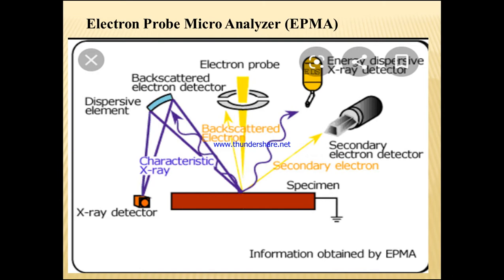When we compare with the scanning electron microscope, in the electron probe microanalyzer chemical analysis can be done. That is the difference we have.